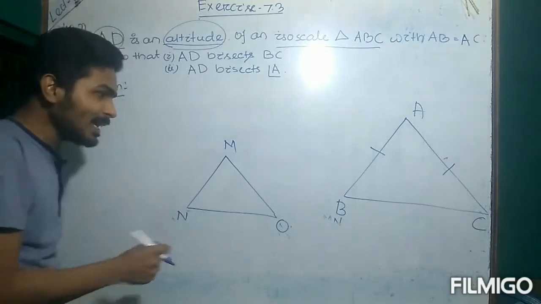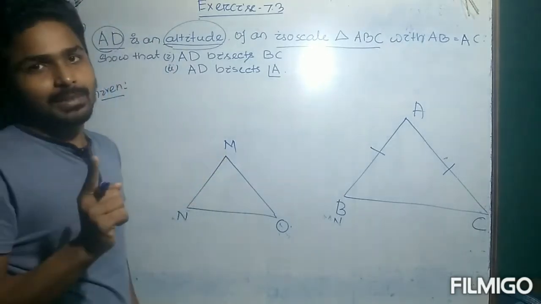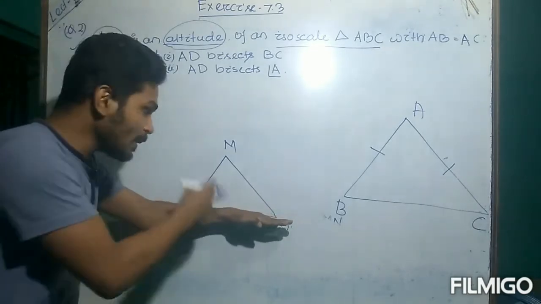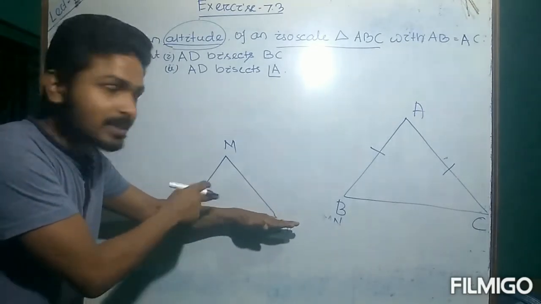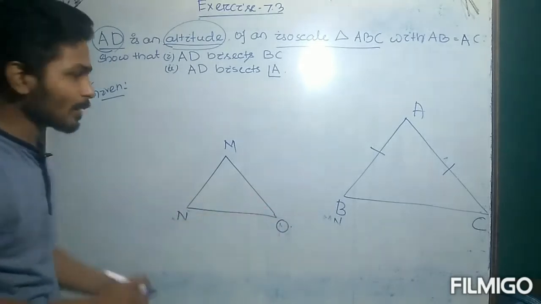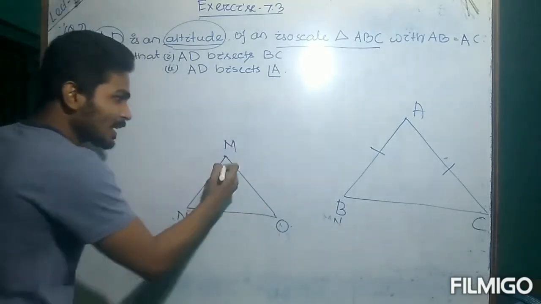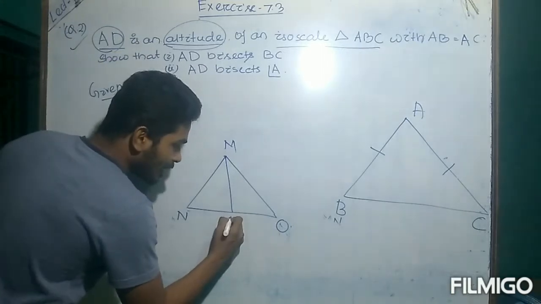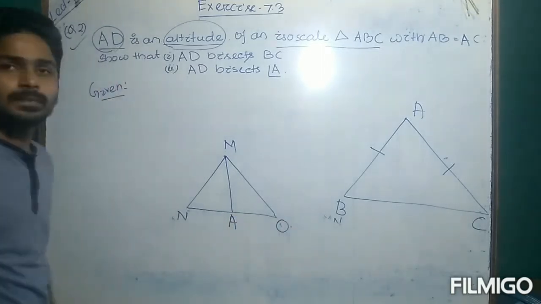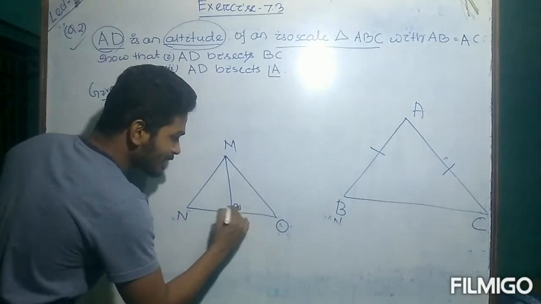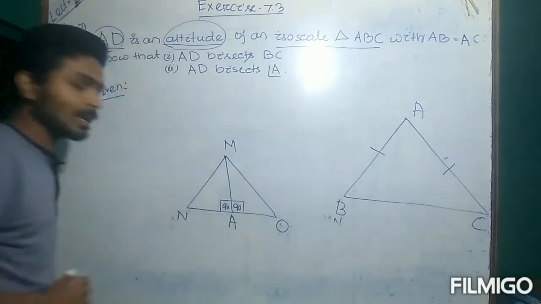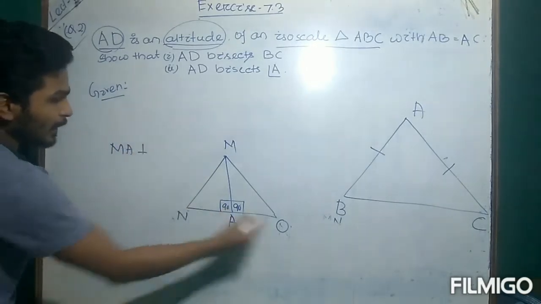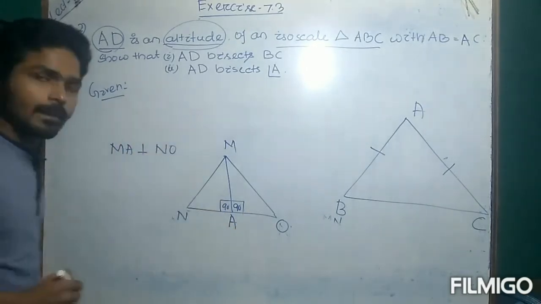From its opposite vertex. The opposite vertex is M. So let us draw a perpendicular line. Suppose this is your MA. This is perpendicular, means it is 90 degrees. Clear? So we can write that MA is perpendicular on NO.